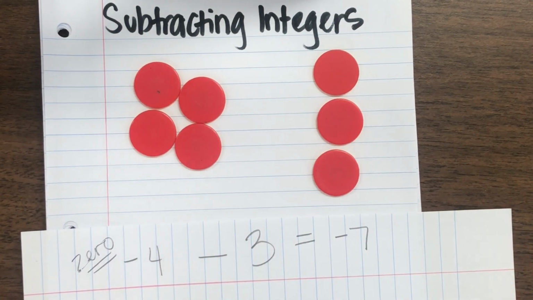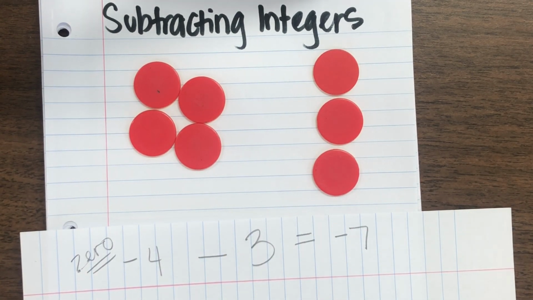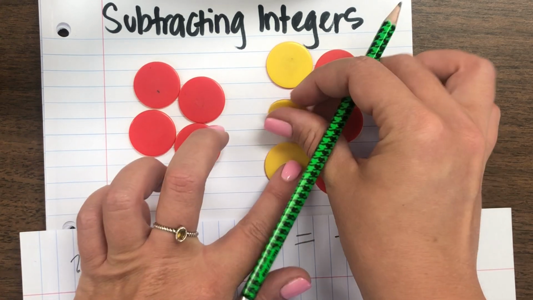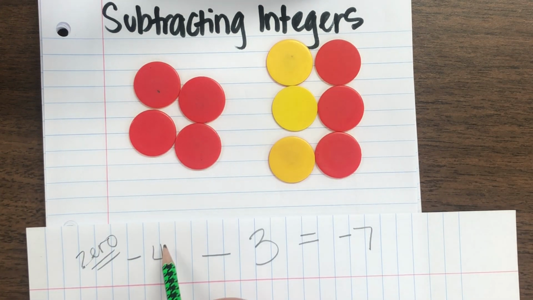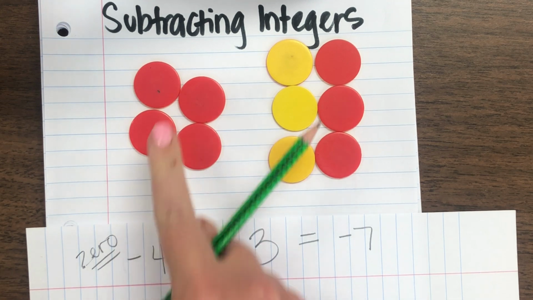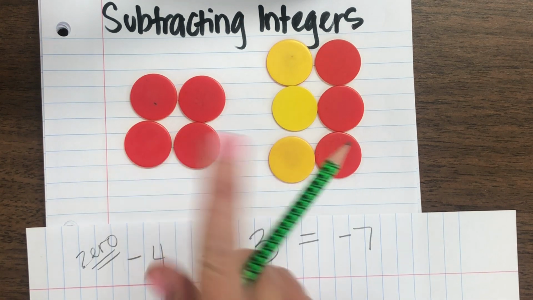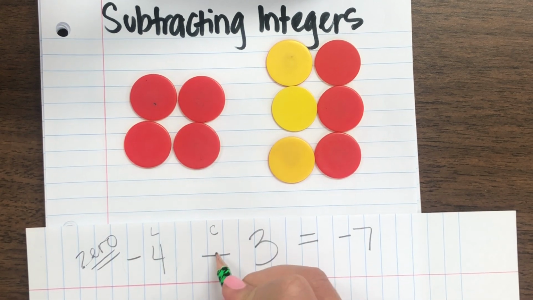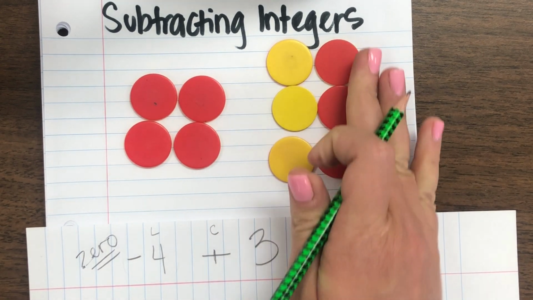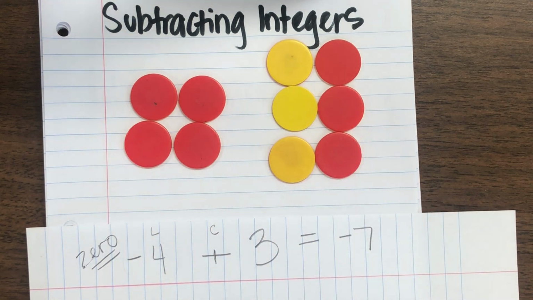-7. Okay, so we're going to use a strategy that basically does what we just did, and it's called LCO. We're going to leave the first term the same, which is right here. We're going to change subtraction to addition, which is why we put these 0 pairs in here.